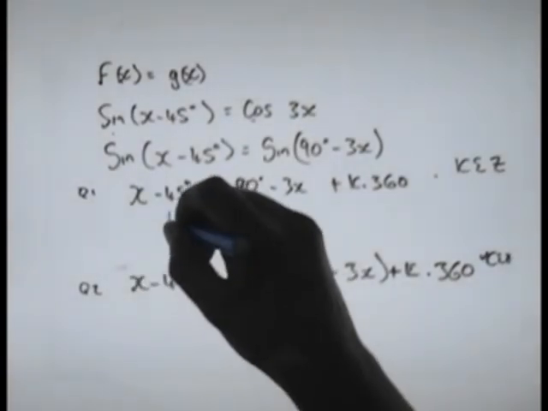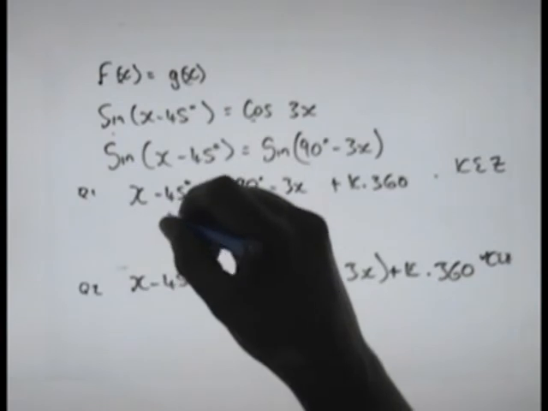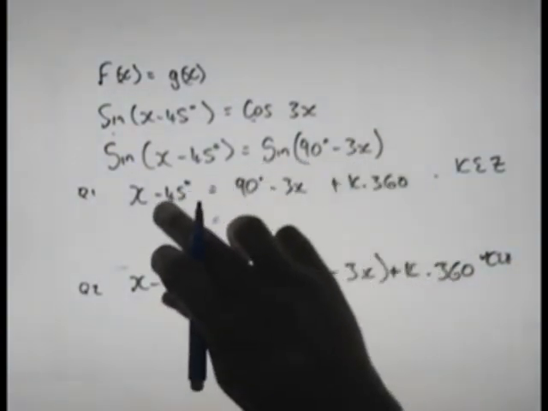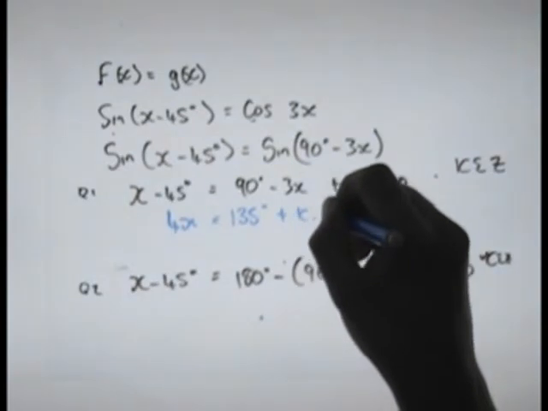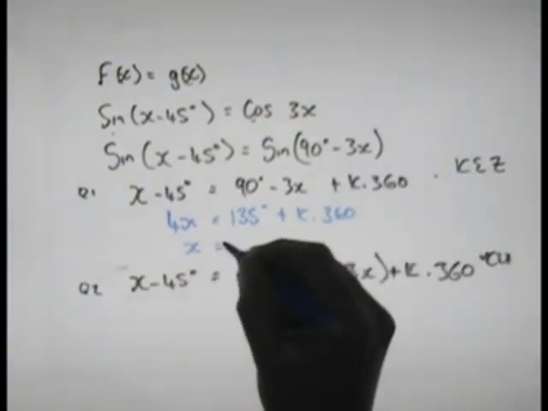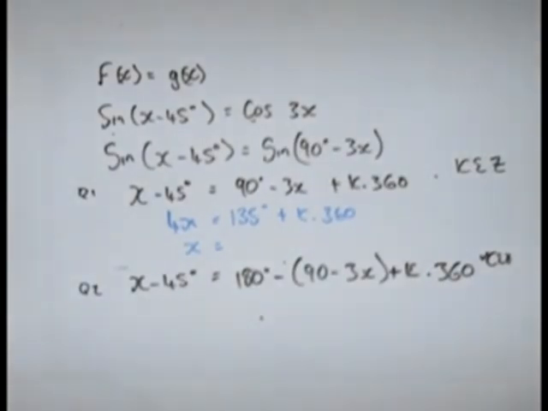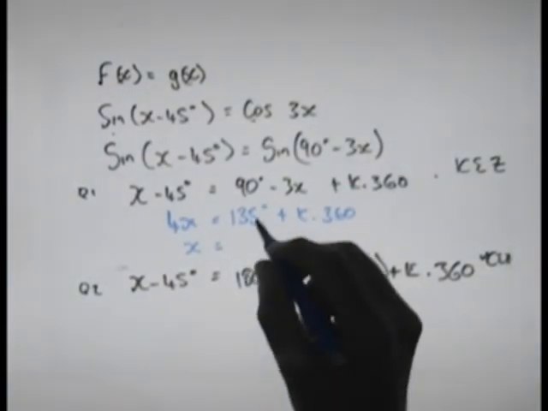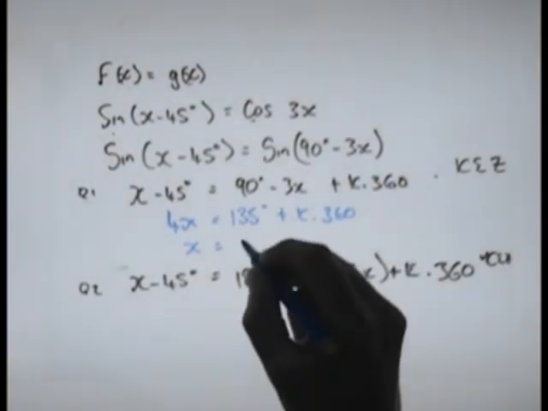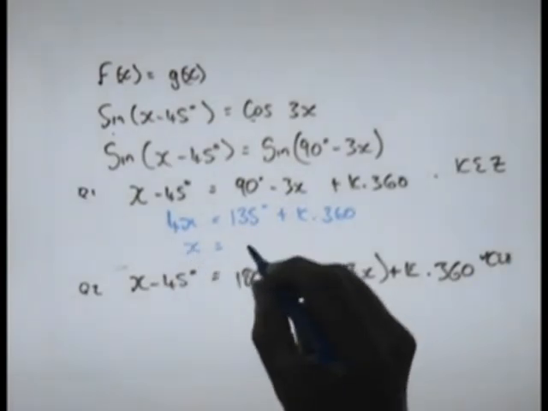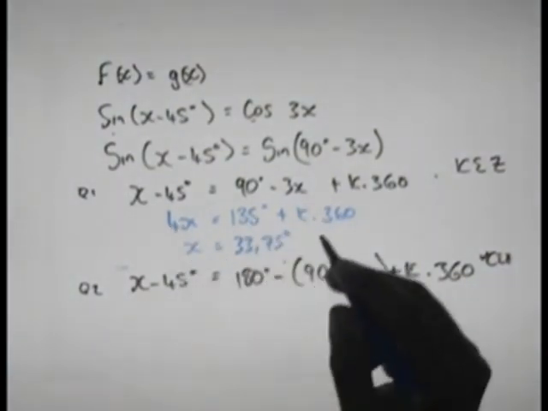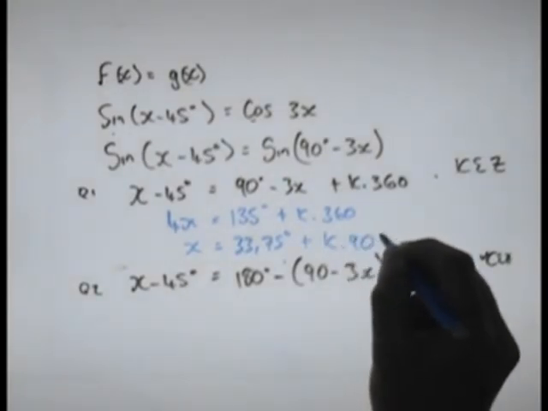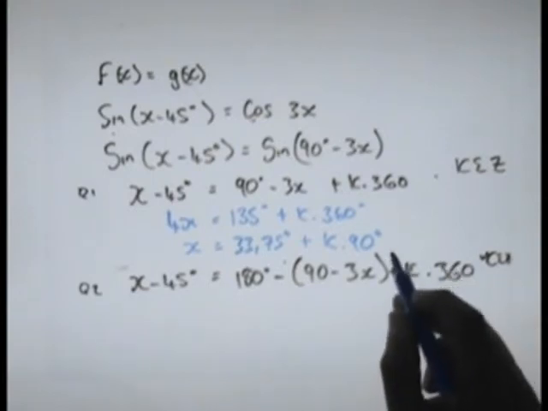Take the minus 3x across, it becomes 3x plus x, which is 4x, is equal to 90 degrees plus 45 degrees, which is equal to 135 degrees, plus k times 360, which means that x is equal to 135 degrees divided by 4, which is 33.75 degrees, plus k times 90 degrees. That's our one possible solution.